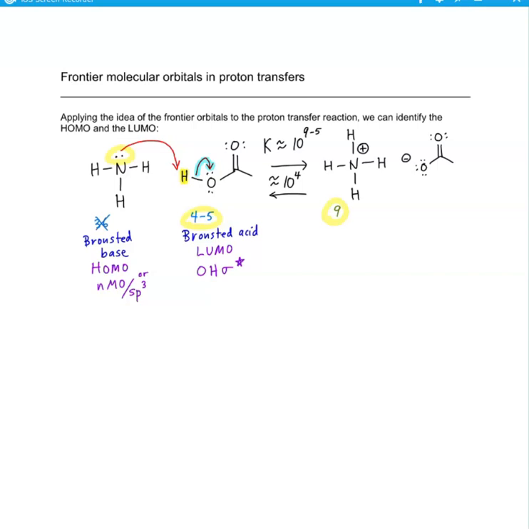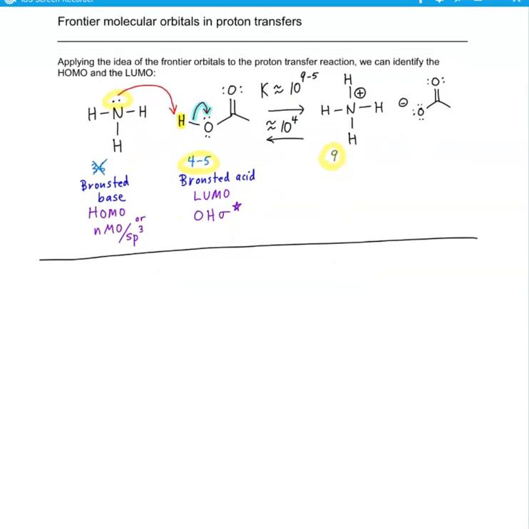Notice how you can tell this just from looking at the mechanism. You don't have to draw out an entire molecular orbital diagram for each of these chemicals to know what the HOMO and what the LUMO is in each of them. Let's think about the example we did on the previous page. That was water and the amide ion.